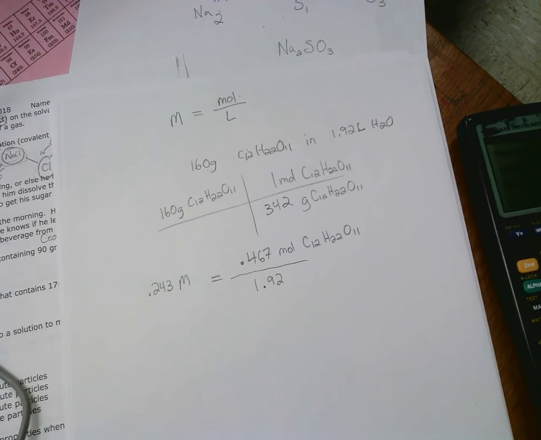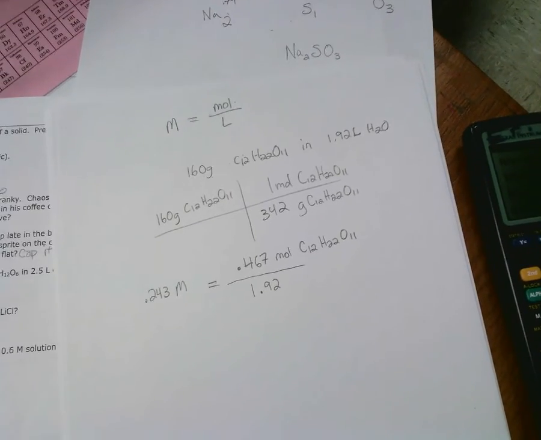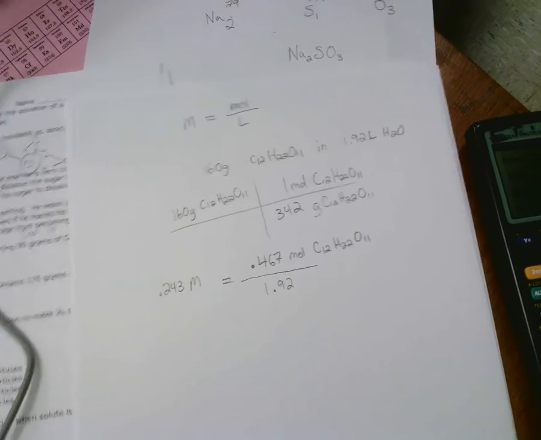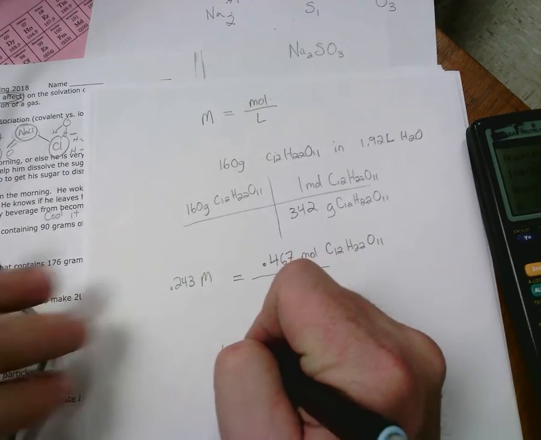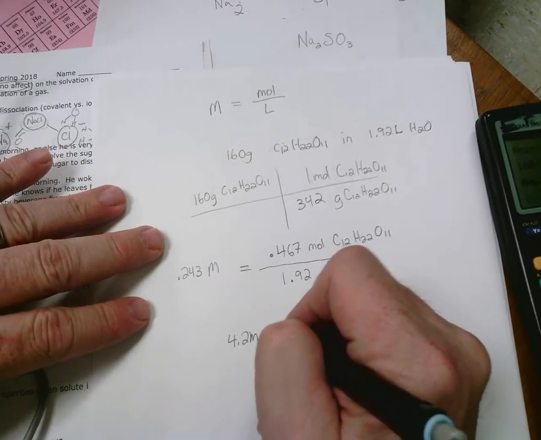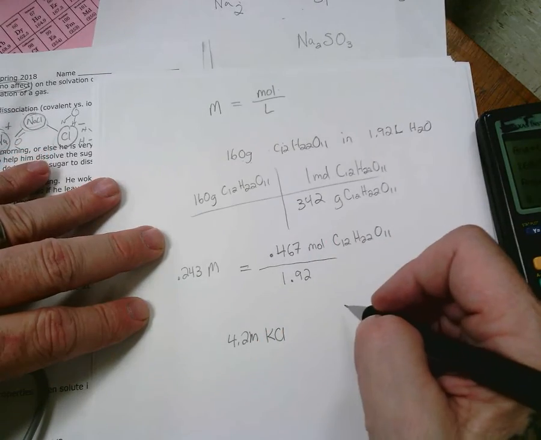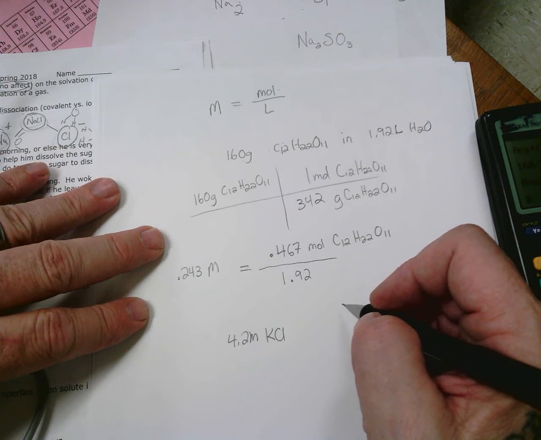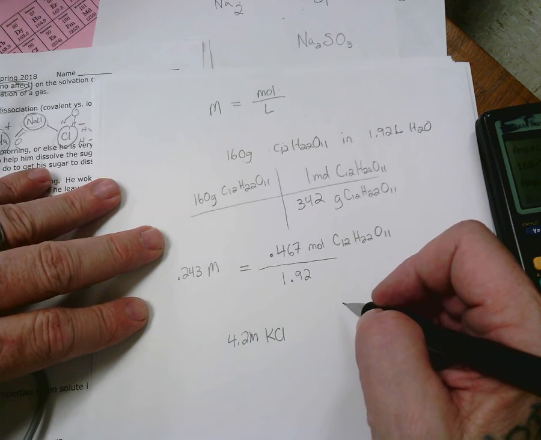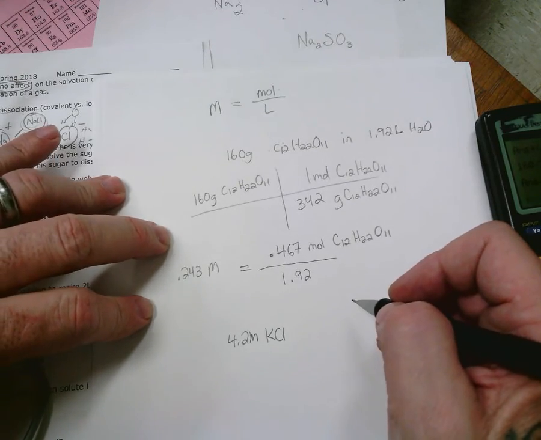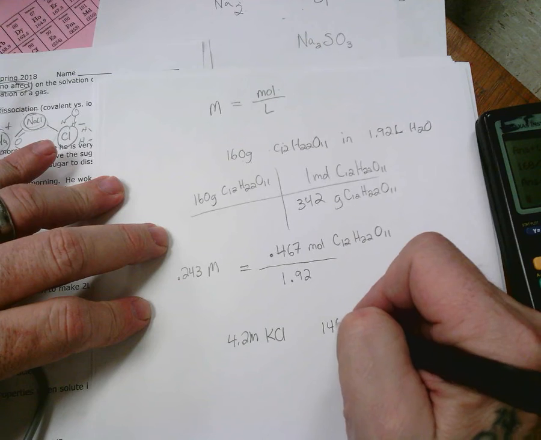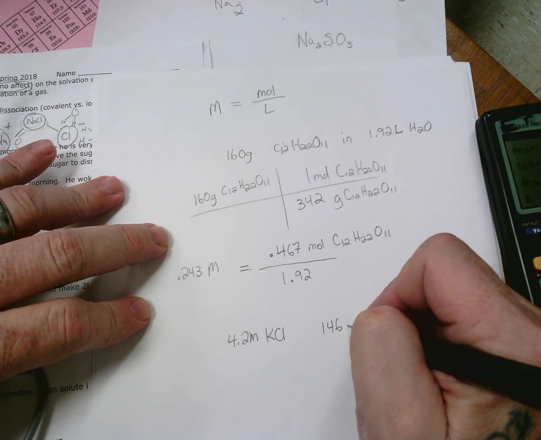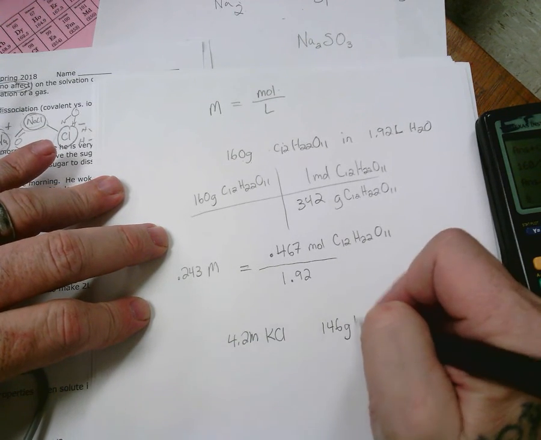33, what is the volume of a 2.4 molar solution that contains 176 grams of LiCl? So I'm going to say, what is the volume of a 4.2 molar solution of KCl that contains 146 grams of KCl?